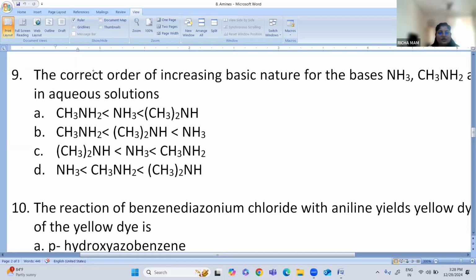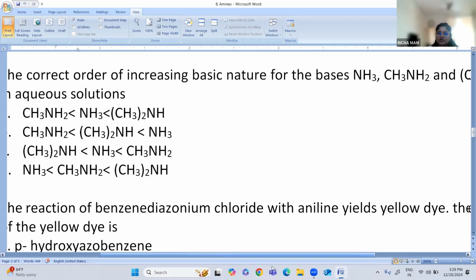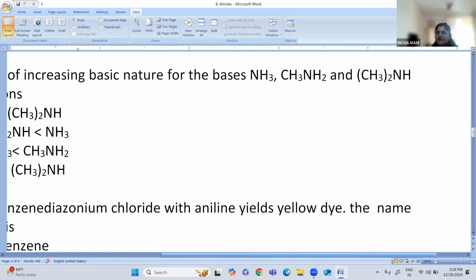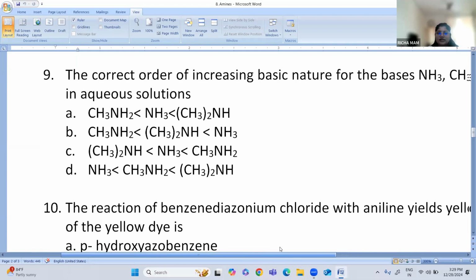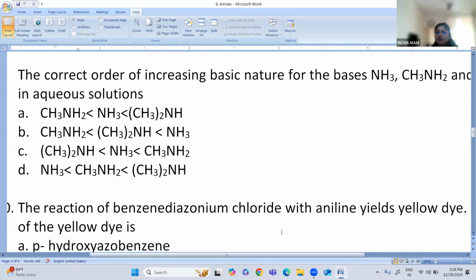Next, the correct order of increasing basic nature for the bases NH3, CH3NH2 and dimethylamine in aqueous solution. So you have to give the correct order of increasing basic nature for the bases.